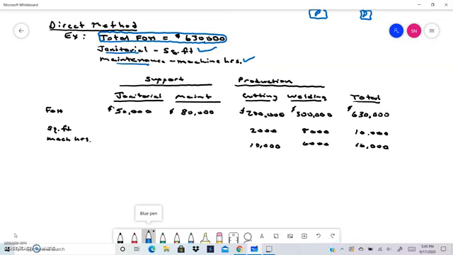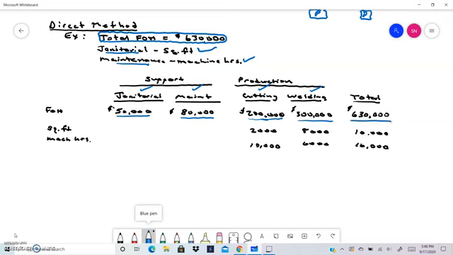So what I've done is laid out the support departments. We have janitorial and maintenance, and then the two production departments. In this case, we've assumed cutting and welding. So that we have 4 departments in total, 2 support, 2 production. We've laid out the total factory overhead. So factory overhead in janitorial is $50,000, maintenance $80,000, cutting $200,000, and welding $300,000.